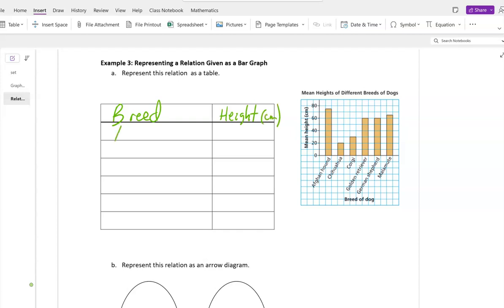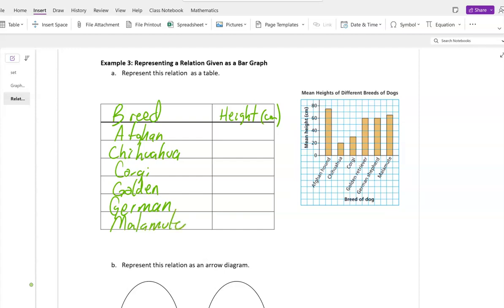So we would write the Afghan. I have no idea what an Afghan dog looks like. I do know what a Chihuahua looks like. A Corgi, a Golden Retriever, a German Shepherd, and the Malamute.